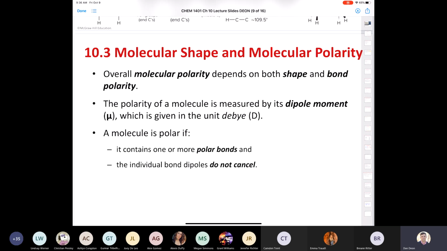A molecule is going to be polar if it contains one or more polar bonds, but the individual bond dipoles do not cancel. So what does that mean? That means that bond dipoles are going to cancel from time to time, and we're going to see several examples of that.